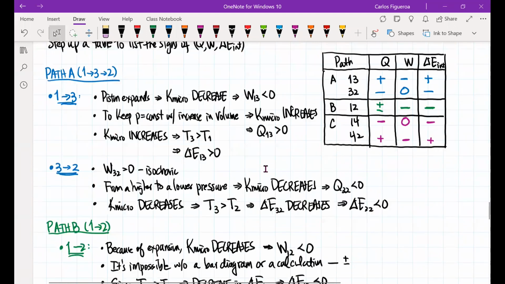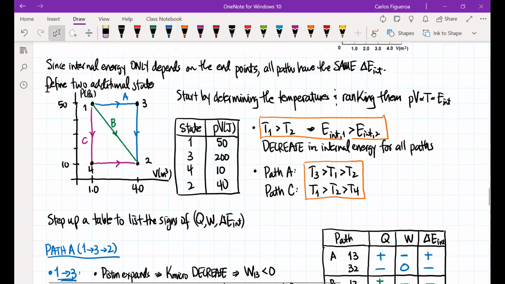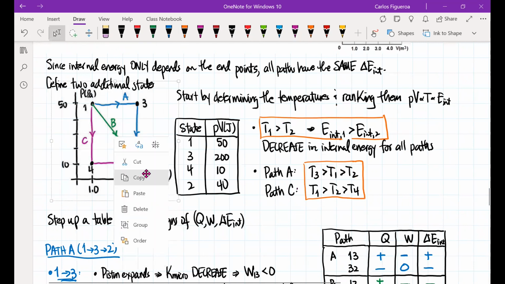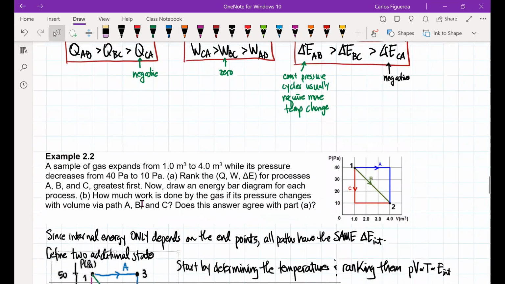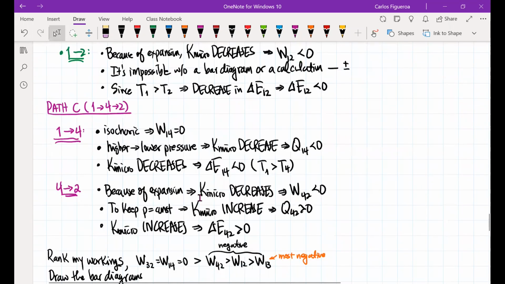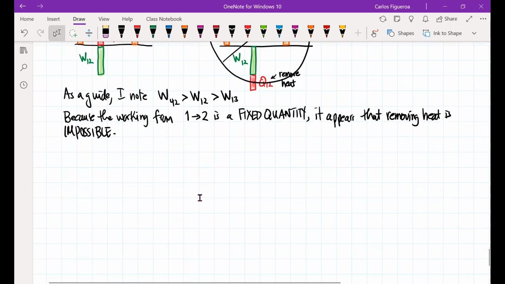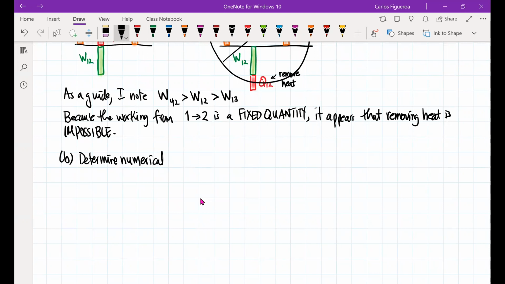So now we're at the end here, and our job now is to go in and calculate the works. It says here, how much work is done by the gas. So let's go do that now. Here, we're now at part B, where we want to determine numerically all the works.